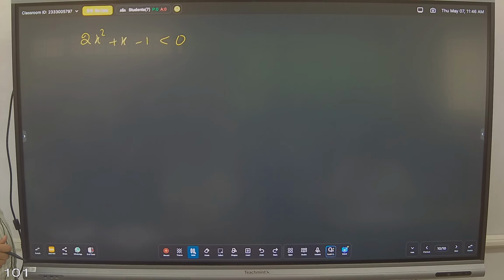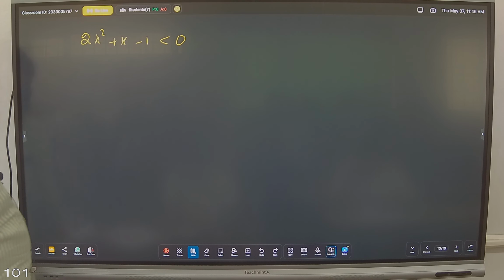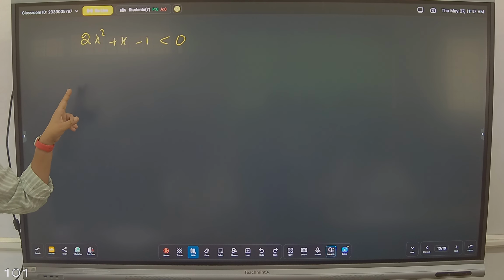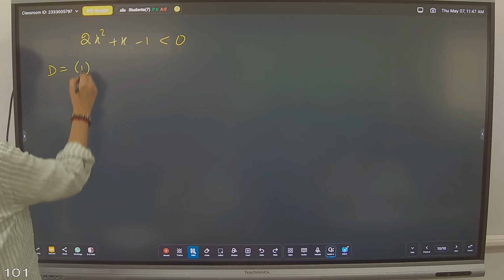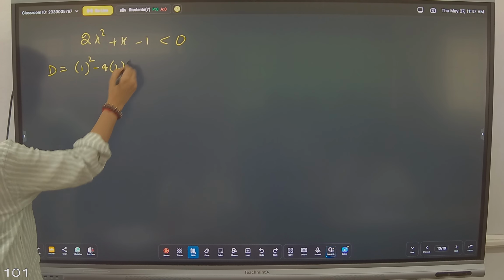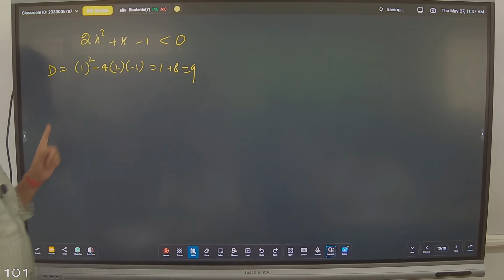Yes or no? No. Can we do it? B square minus 4ac. Yes, we can do it. What is the discriminant? Discriminant will be b square, 1 square minus 4ac. So 1 plus 8, 9. 9 is a perfect square.